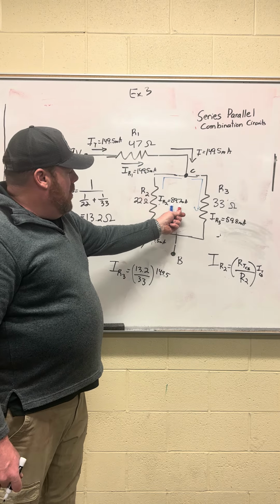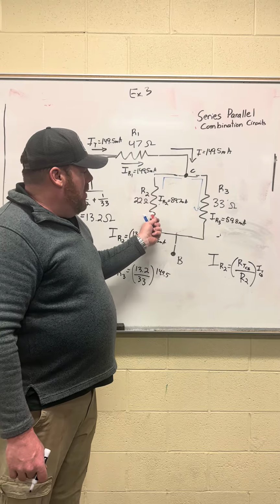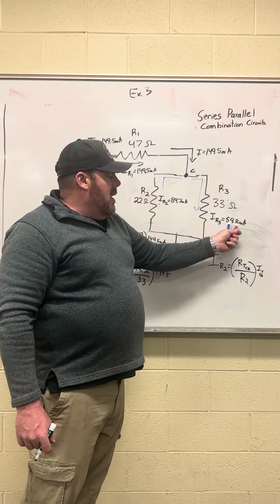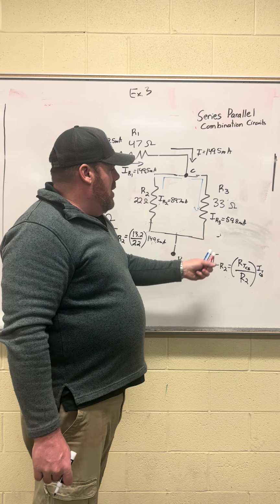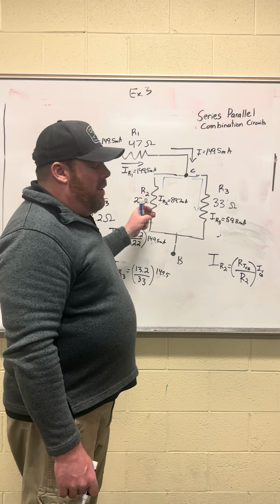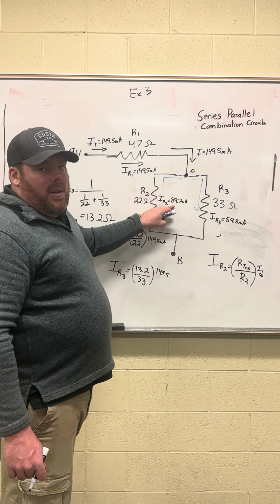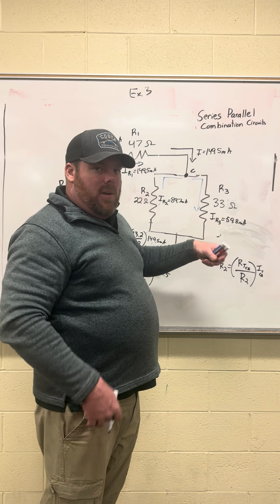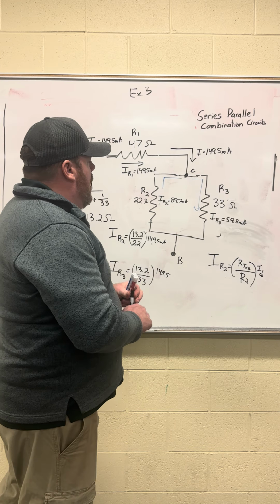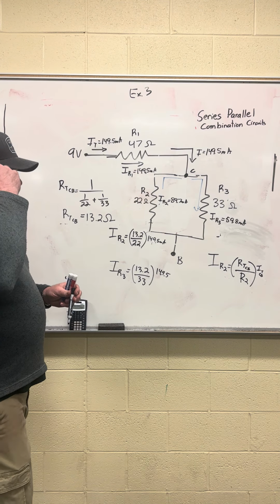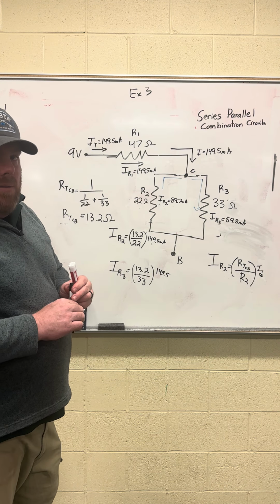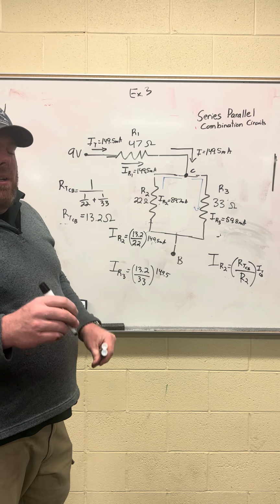So we have 89.7 milliamps coming through number 2 and 59.8 milliamps coming through resistor 3. Now we said earlier that the lower the resistor, the higher the current. The higher the resistor, the lower the current, so all this is coming out right. So that's how we find the amount of current flowing through any of the individual resistors.